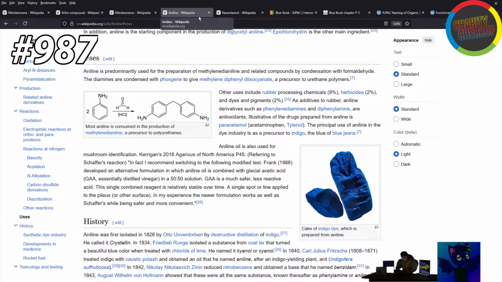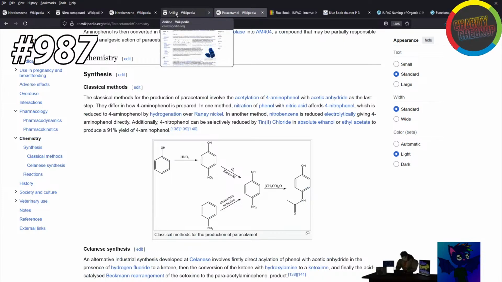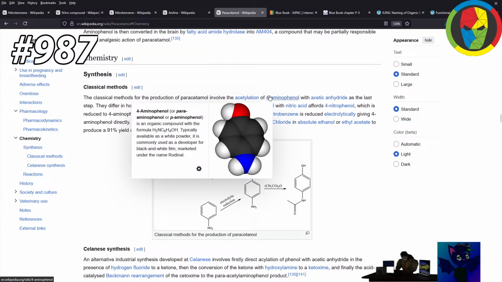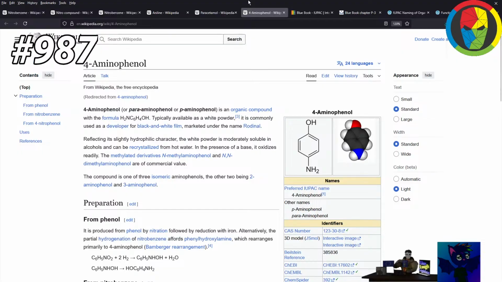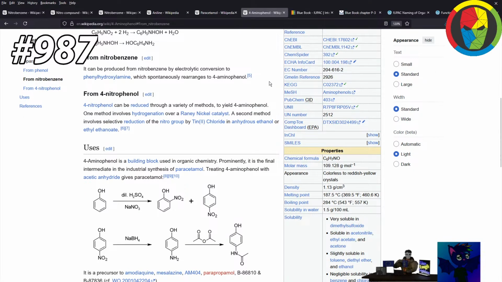Ideally, aminophenol is what I would like to make out of nitrobenzene. The thing is, this is a really difficult reaction, but it's so incredible and I absolutely love it. Electrolytic conversion.